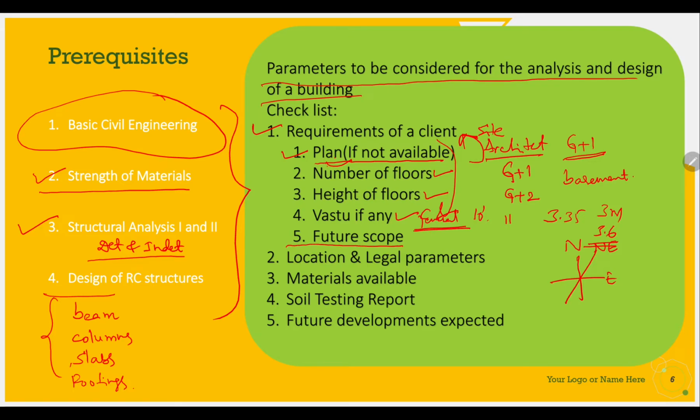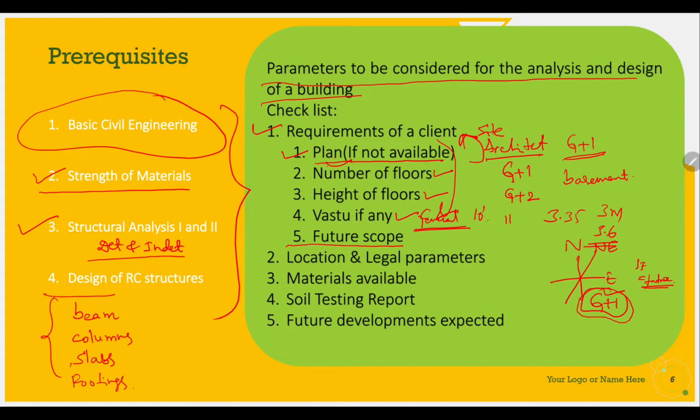Then the future scope. Normally, if a client asks you to design a building for G+1, you will take one more floor as future scope. So in future scope there should be a provision to construct one more floor.